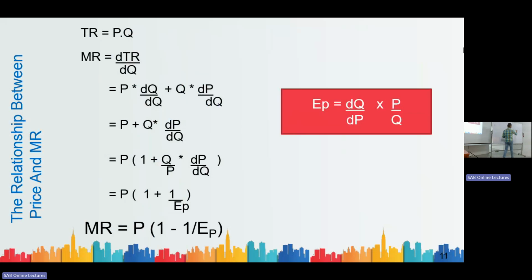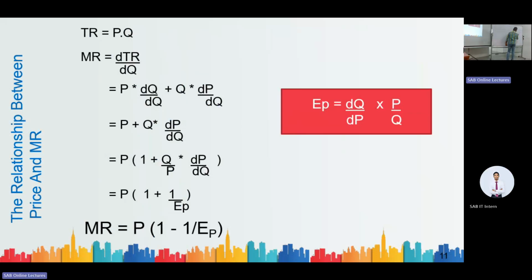If you measure this slope between any 2 points on the demand curve, you will get the same answer. If you measure the slope between point C and D, again you will get the same answer.